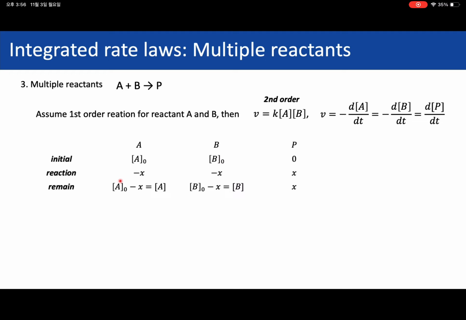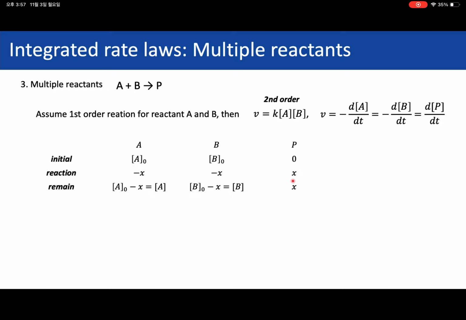Let's say we have the initial concentration of A0 and B0. Since it's initial, we have zero product. Let's say X mole of A is reacted, and at the same time X mole of B is also reacted.